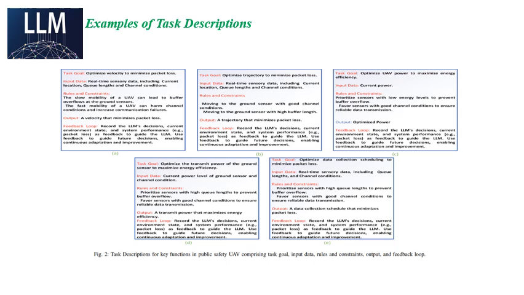Okay, in this slide, you see practical examples of the task description. This task description is for velocity control. This one is for trajectory optimization. This one is for power control, optimizing the transmit power of the ground sensors, and the last one is related to the data collection schedule.